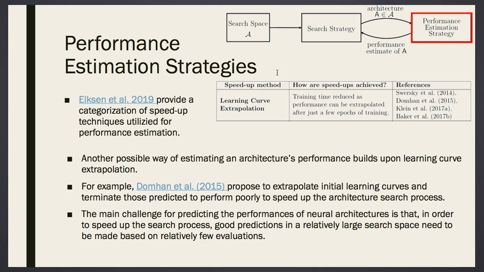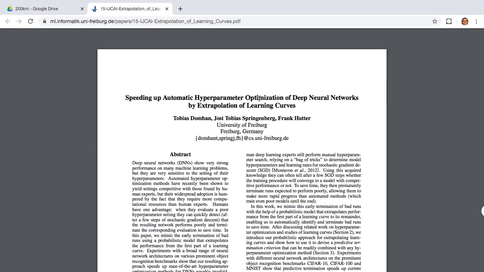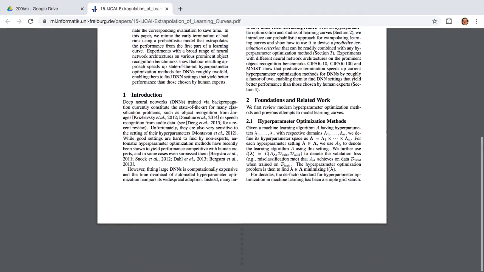For example, this paper proposes a method for hyperparameter optimization. Actually, we just said that hyperparameter optimization is similar to architecture search because you're searching for hyperparameters or some architectural parameters. They are all parameters. You're trying in a search space. So it's a similar problem. What they do is train for a low number of epochs and try to understand how the curve will be, and depending on the features of that curve, they make an assumption.